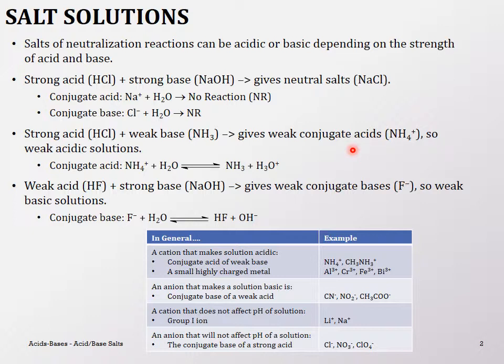If you have a stronger conjugate acid, then the conjugate acid is going to start reacting with water, and you will have a slight equilibrium where you have ammonia and the hydronium ion. This means the ammonium ion, the weak conjugate acid that was formed, is further reacting with water to give hydronium ion. This is after neutralization, after the reaction is done.